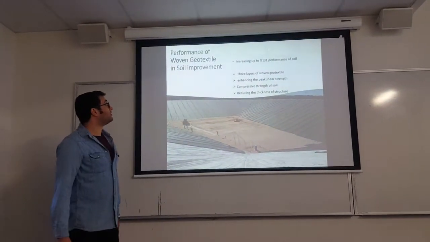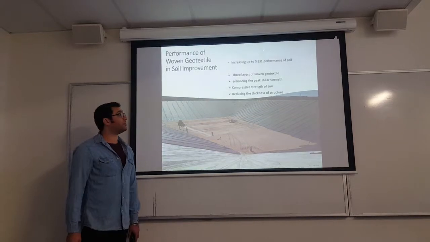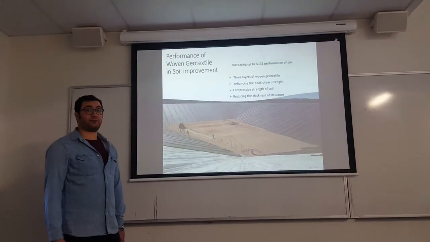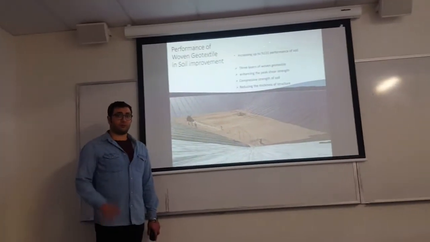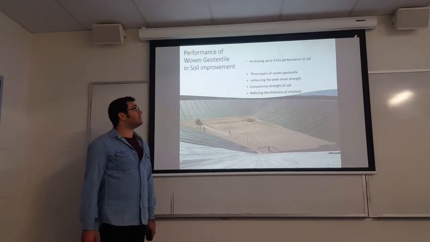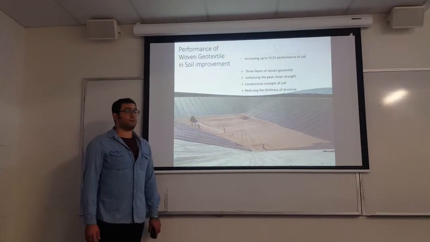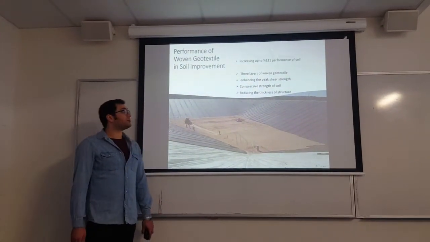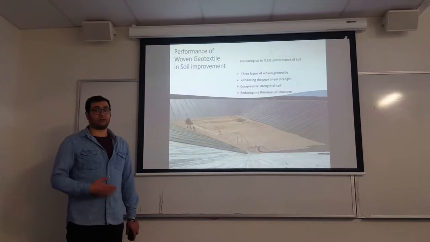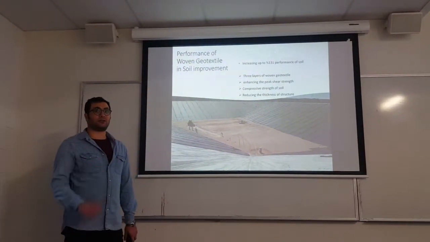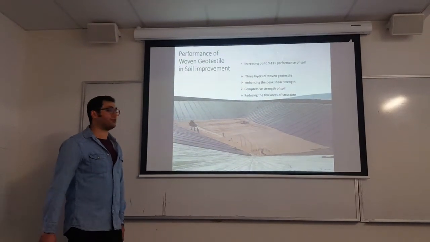The performance of woven geotextile in soil improvement increases up to 130% compared to untreated soil. It is usually executed in 3 layers and enhances the peak shear stress of the soil. It also affects the compressive strain and decreases the thickness of the soil. That's actually what we are looking for.